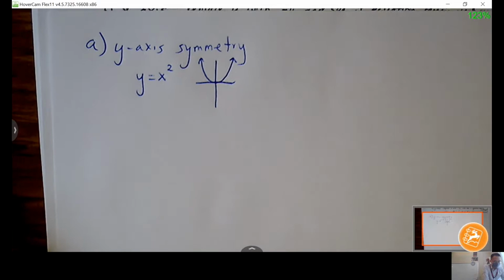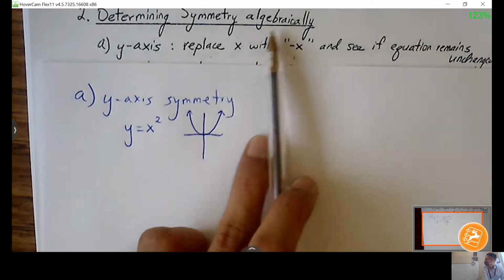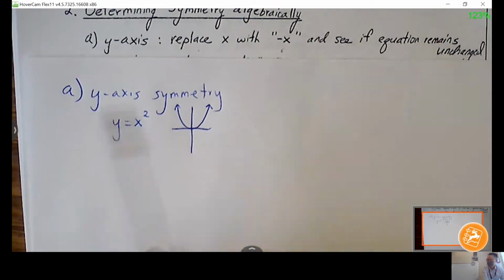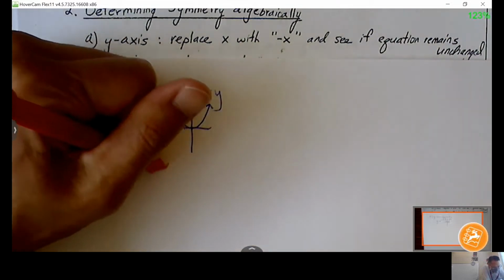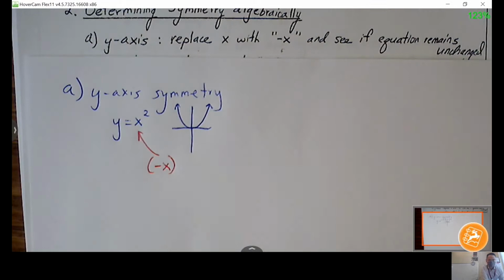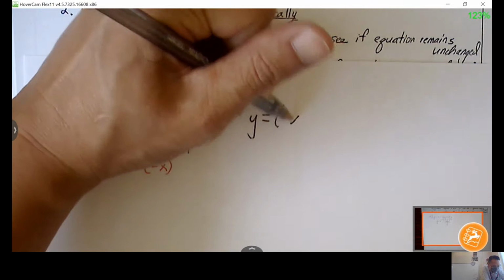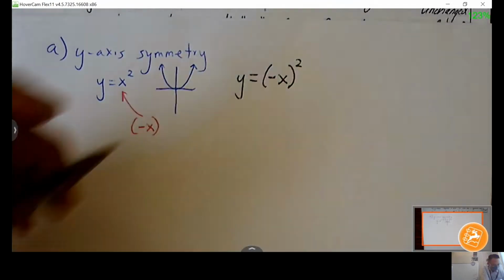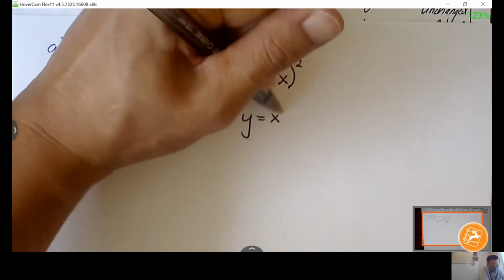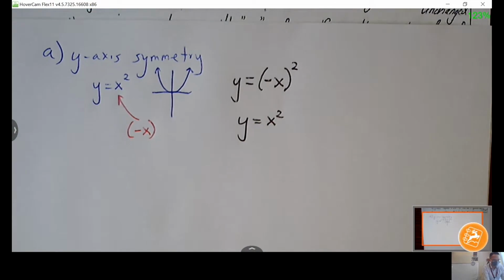Algebraically, we can replace the x's with negative x and see if the equation will remain unchanged, and it should, because we have that x being squared, right? So we replace the x with negative x, and the result is y equals (negative x) quantity squared. And we can see that goes back to our starting point. Therefore, we can expect there to be y-axis symmetry.